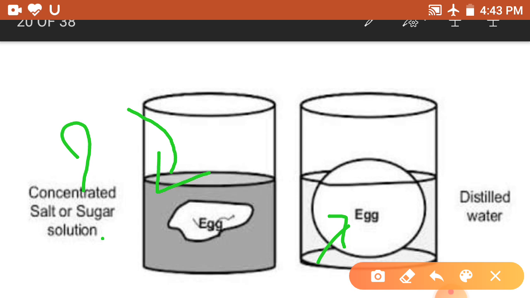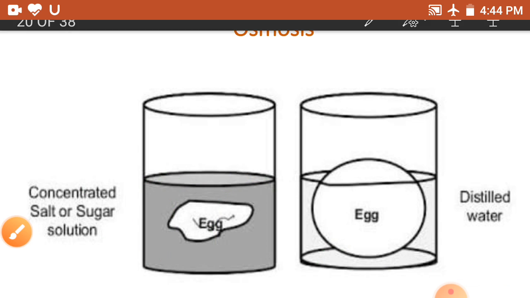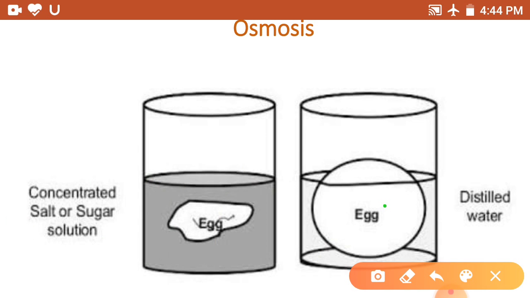Because water passes out of the egg into the salt solution, because the salt solution is more concentrated. In the egg side, concentration is more here, and in this diagram concentration is more in the solution.